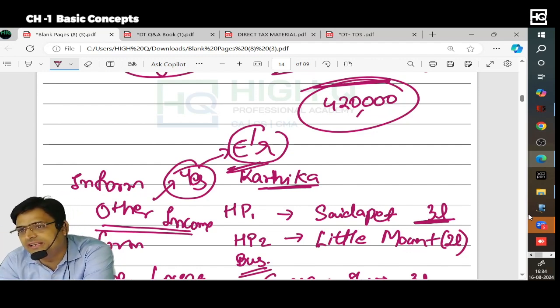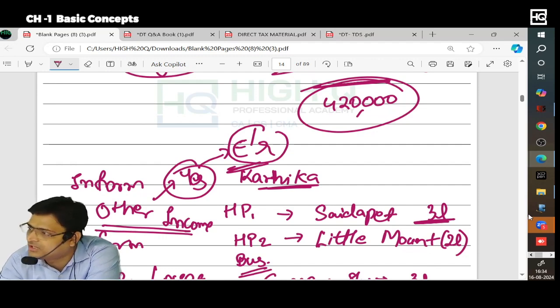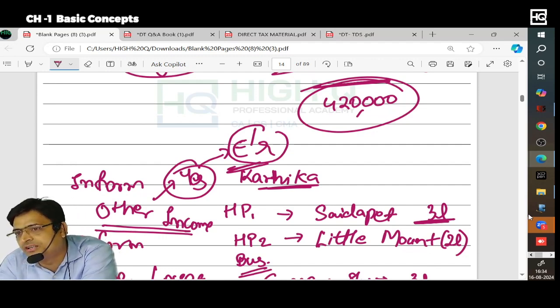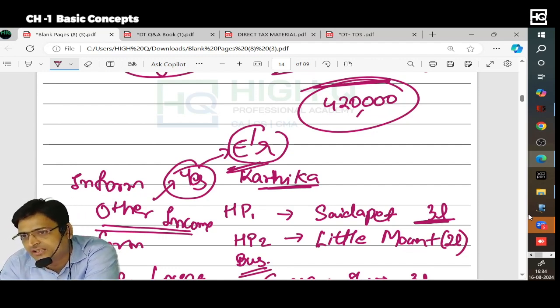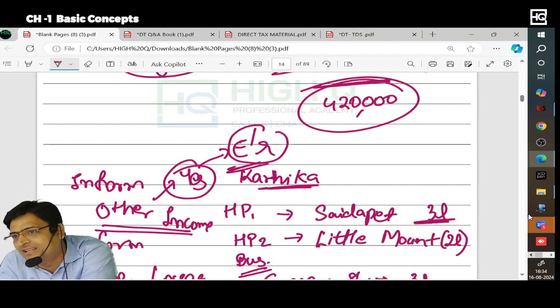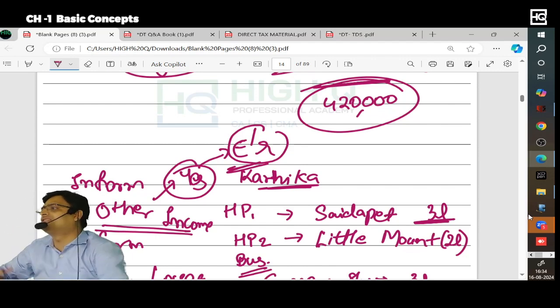Means the whole TDS on the whole income is already deducted. Now don't you think return filing, that is filing details to the government, will be a mere formality? So for me now there is nothing to be done.